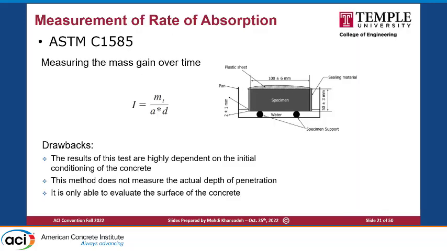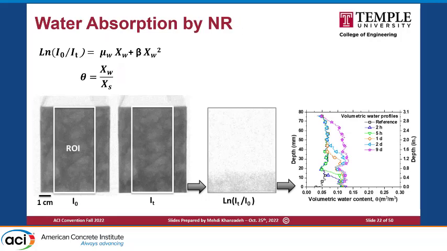So typically we use ASTM C1585 to get the water absorption, but the problem here is this is a very bulk method. You don't really understand what is the exact filling rate of the air voids versus the matrix pores, right? So you don't have that information based on this technique. But if you use the neutron technique I discussed, again, we are imaging the sample in a controlled manner, and then we expose it to the water to get the time-dependent images.